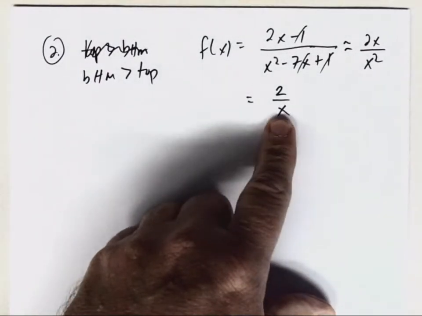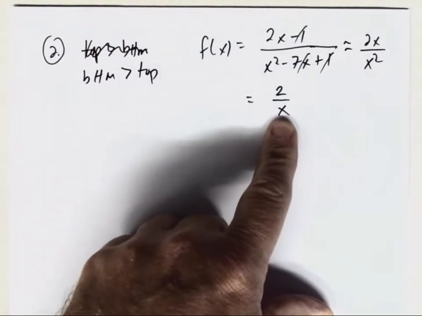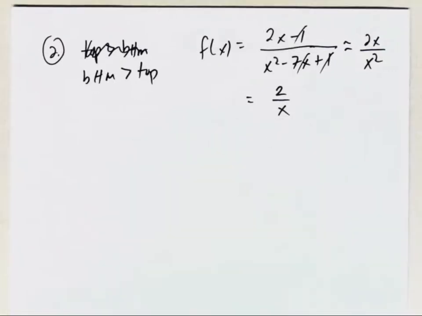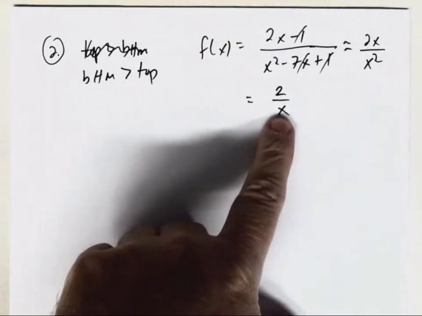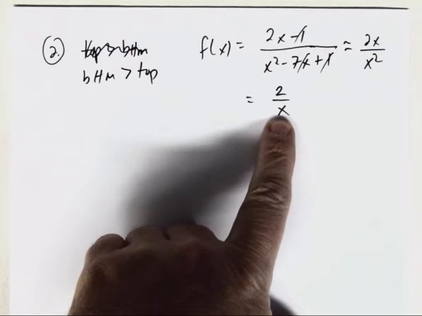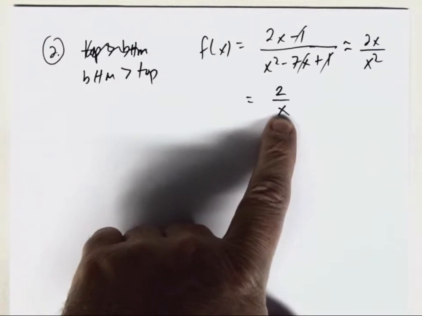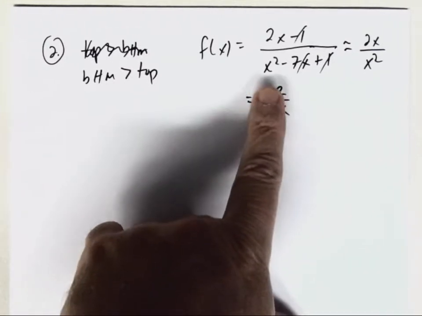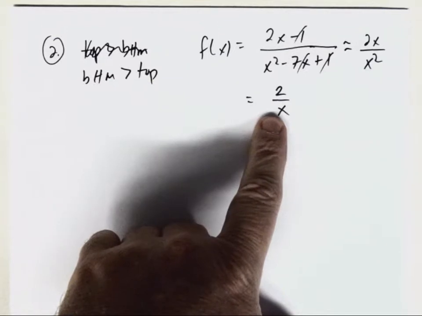Now horizontal asymptotes, we're trying to figure out what happens when x gets to be a really, really huge either positive or negative number. So let's grab your calculator and put in 1,000,000 for x, and let's see what this equals. What is 2 over 1,000,000?